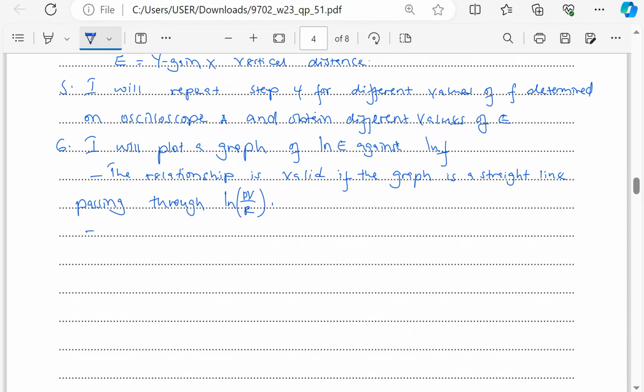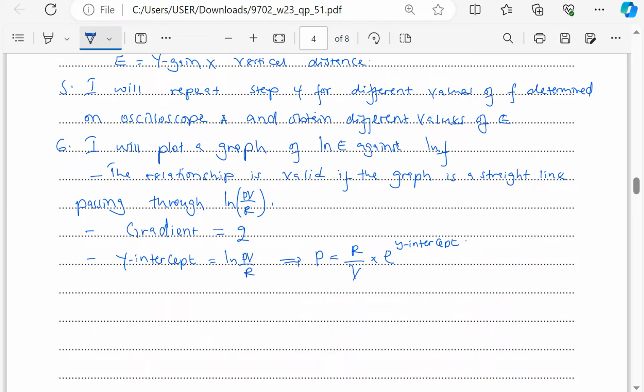Okay. Still for analysis, remember the gradient of the line. We have already shown that the gradient of the line is equal to Q. And we have also said the y-intercept is equal to ln of PV over R, which means that P should be equal to R divided by V times e to the power of the y-intercept.